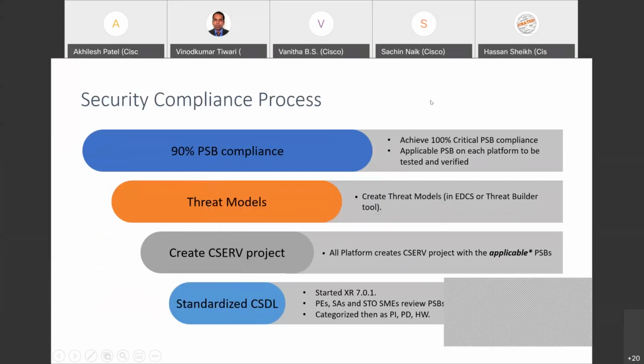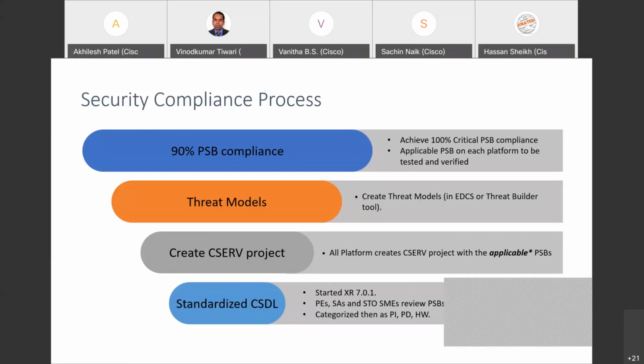Security compliance process. It started with 701, where a standardized CSDL process was created by PE security advocates and STO team SMEs to review PSPs and categorize them into PI, PD, and hardware. A CSER project was created for all platforms.